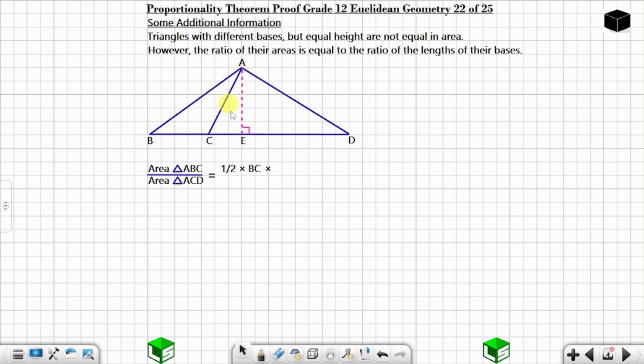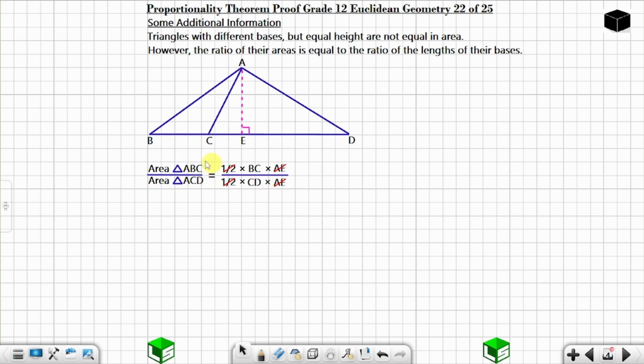So this is the height for this triangle. Okay, over now the area of this triangle, you have a half times the base, which is CD, times the height, which is AE. Okay, now you can cancel a half and a half, AE and AE.